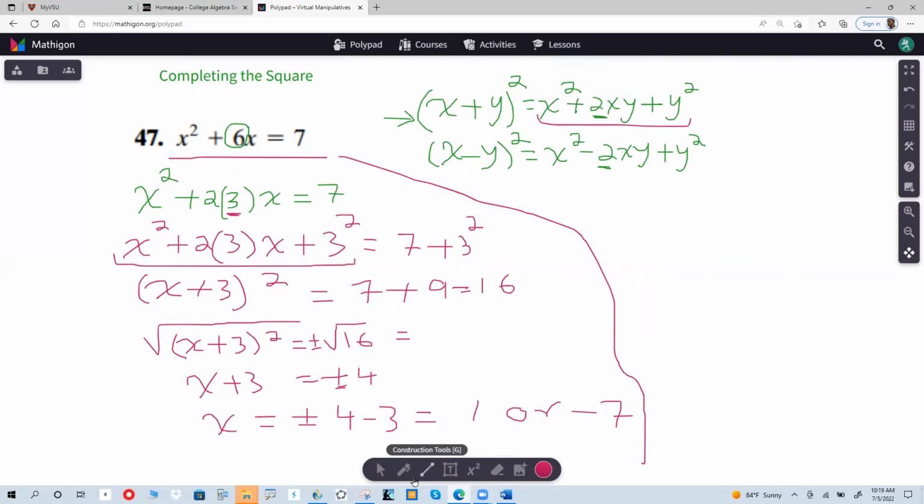So I can put a little box here and say, what goes here? Tell me. So take a look, make sure you get it. We're going to do a couple more completing the squares.